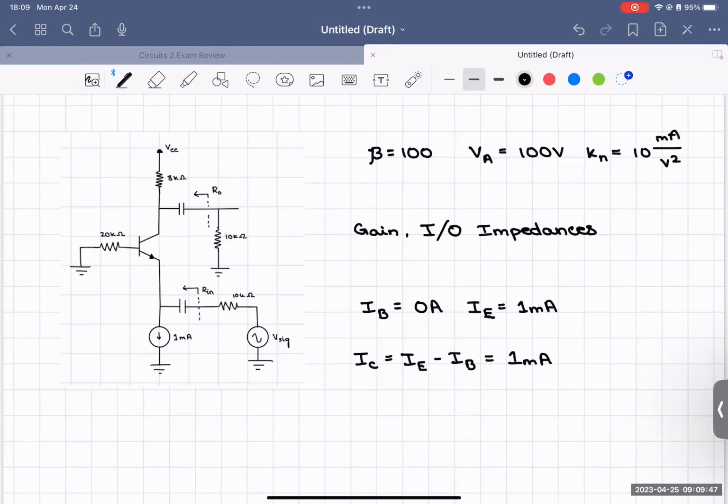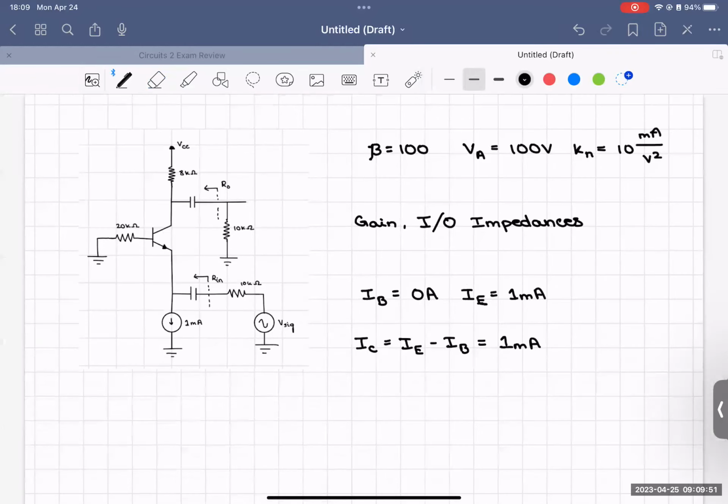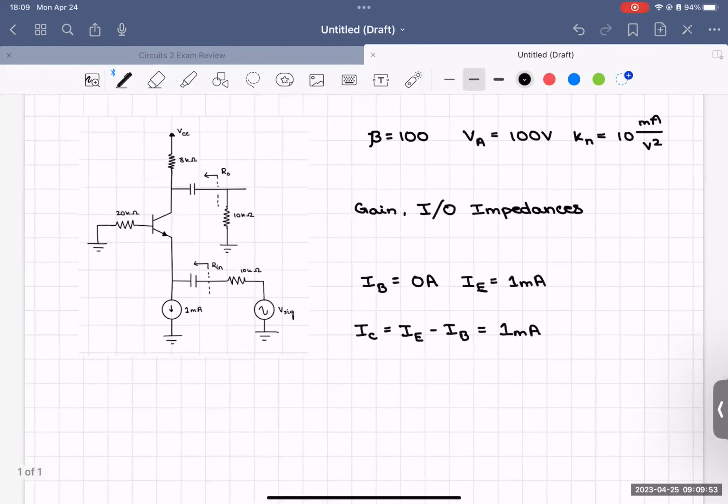Continuing on from there, you'll see on your equation sheet you're given R pi, little RO, and our GM, our conductance. We can solve for all 3 of those here, given what we know.